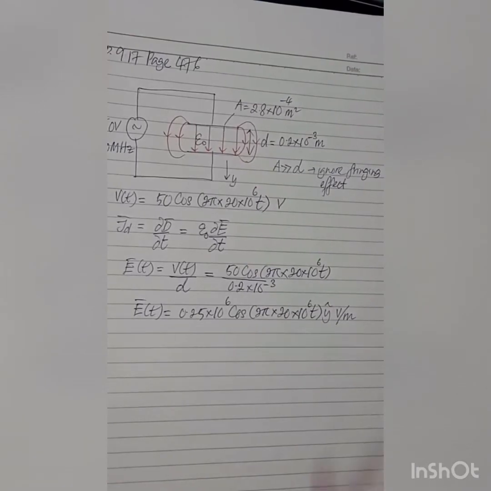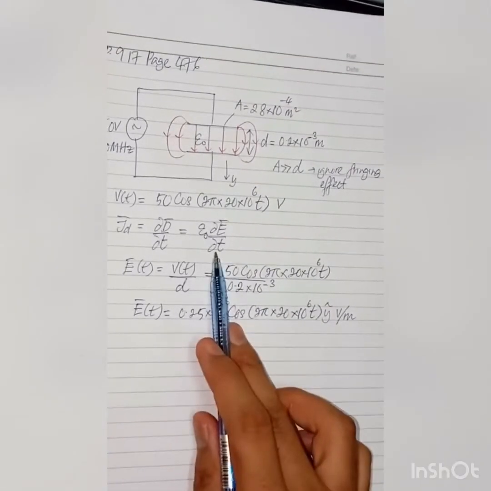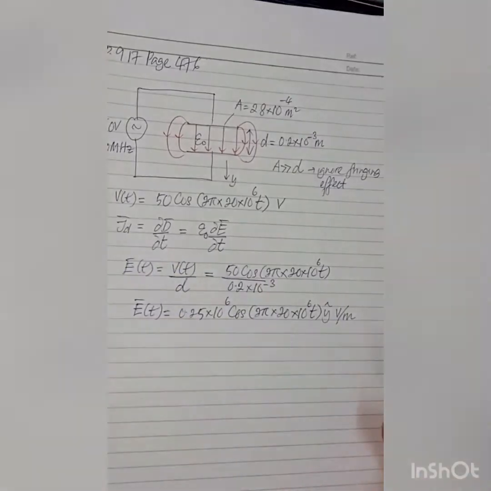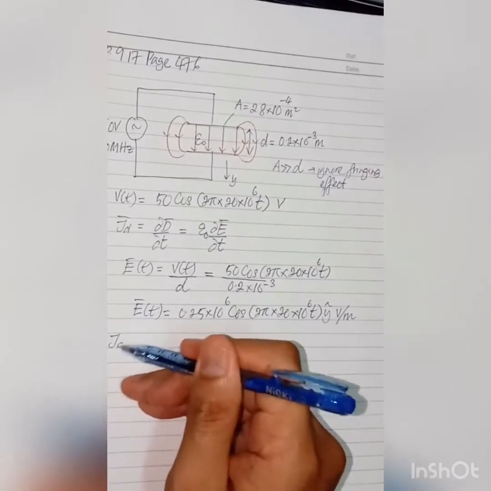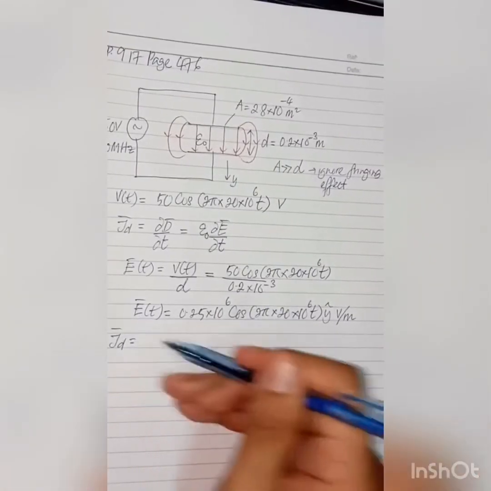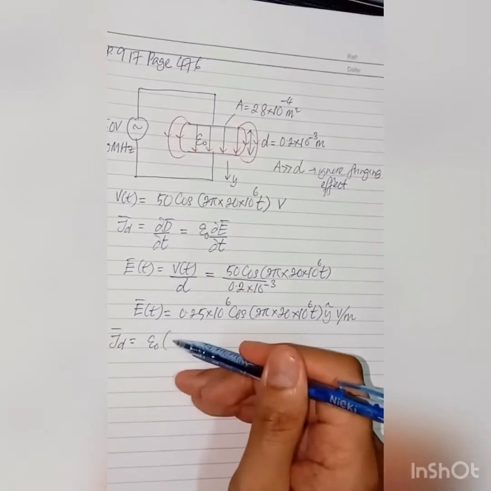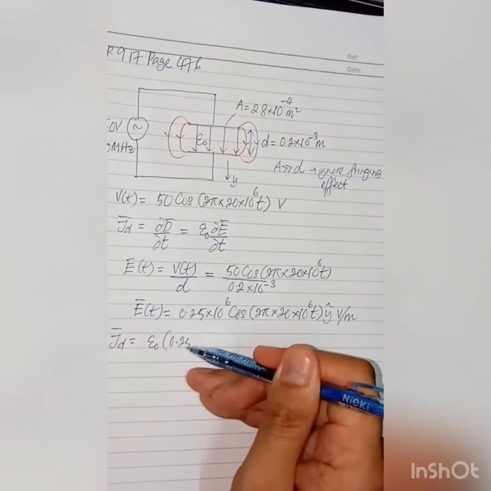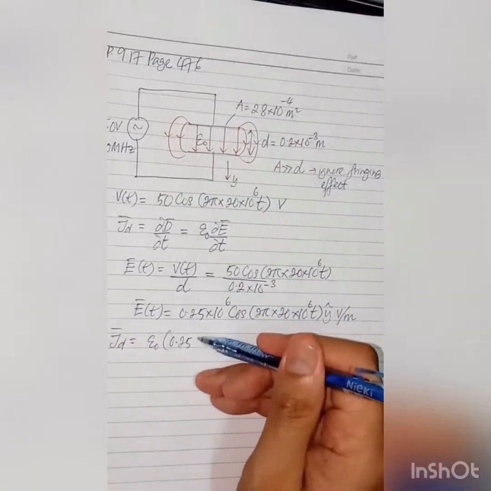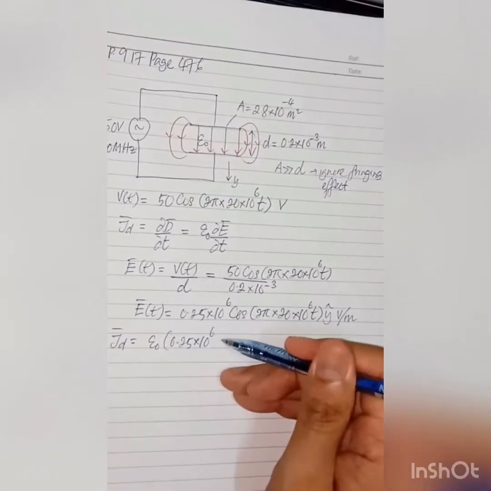Now let's differentiate the E over t to get the JD as shown up here. To have the JD, we have here the epsilon. Now we have 0.25, the peak of the E field, times 10 to the power of 6.